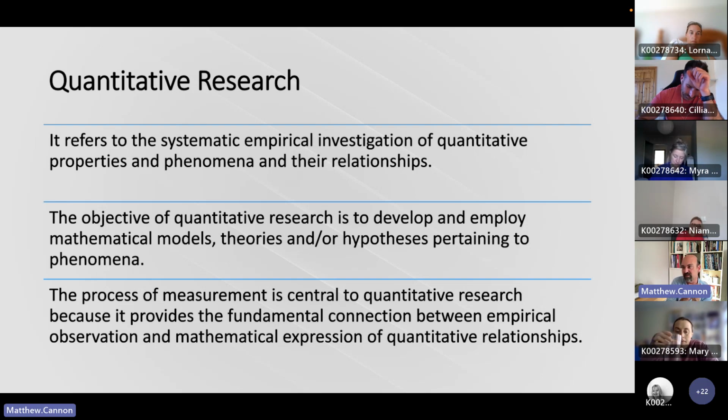And a lot of it is the third piece that's listed on that slide, the process of measurement, which is central to quantitative research because of the fundamental connection between empirical observation and mathematical expression of quantitative relationships.